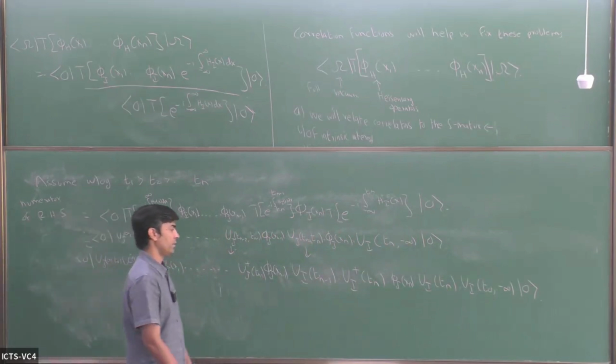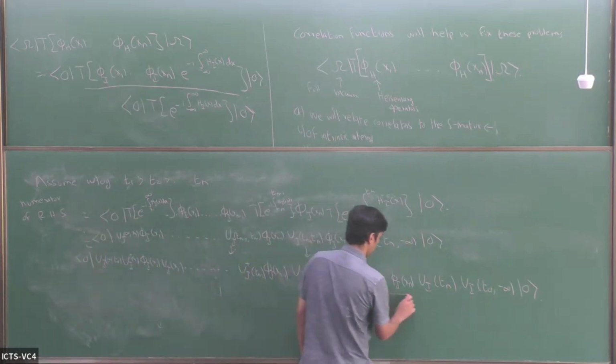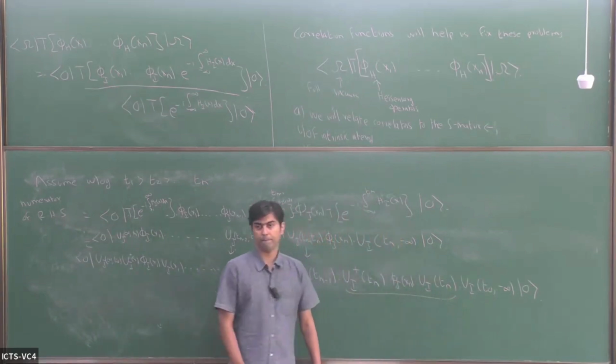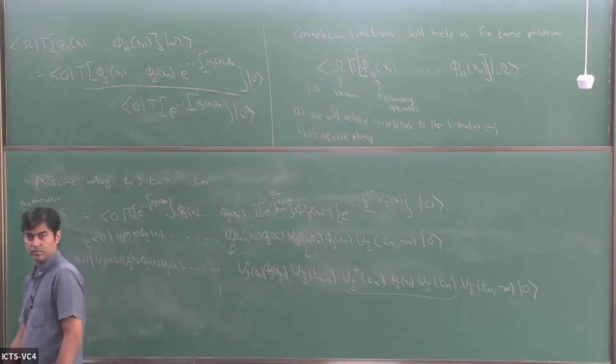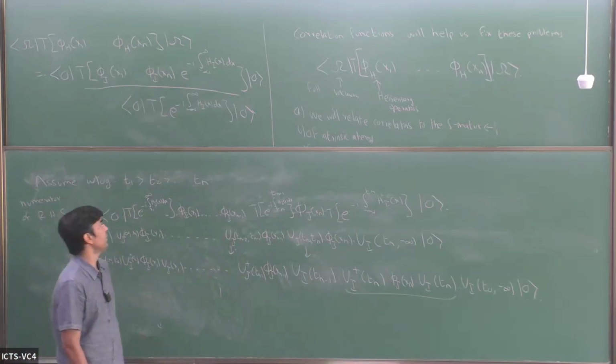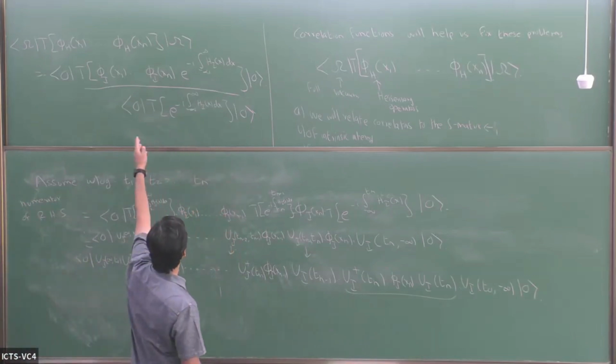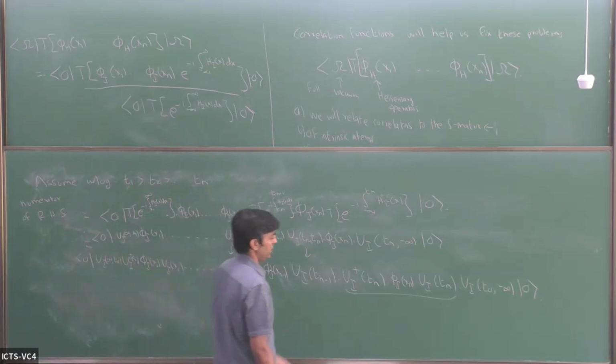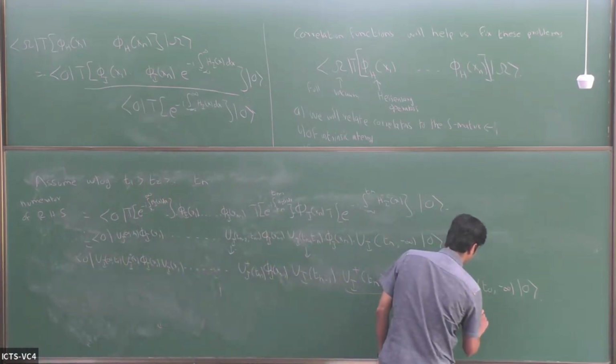What are these quantities? Do you recognize this? These are the Heisenberg operators, right? So we see we are already starting to get the form that we want. We have some additional factors, but we'll deal with them in a second.